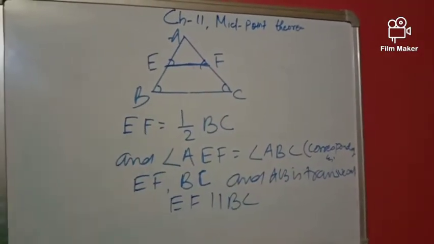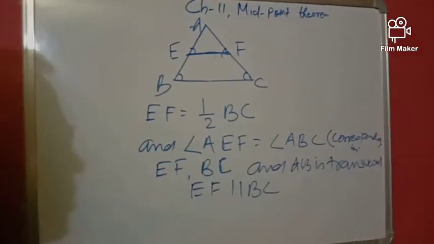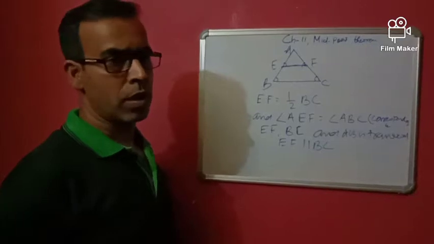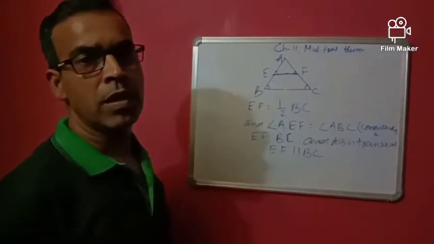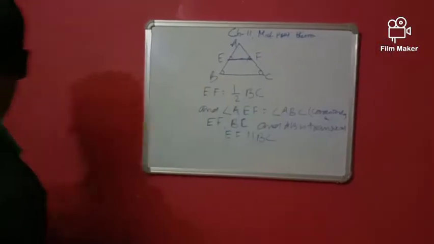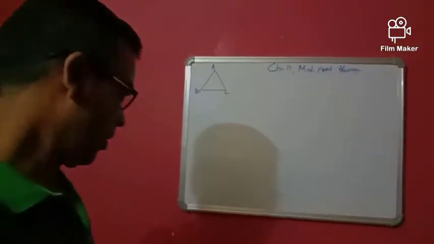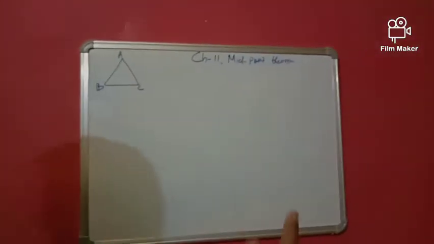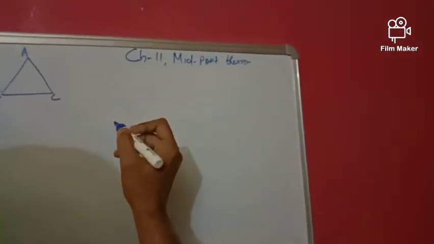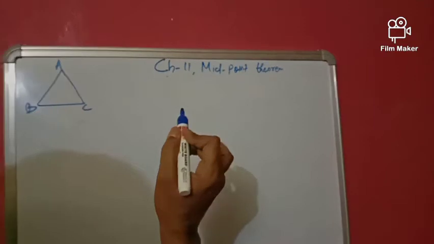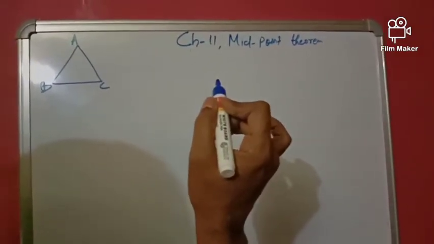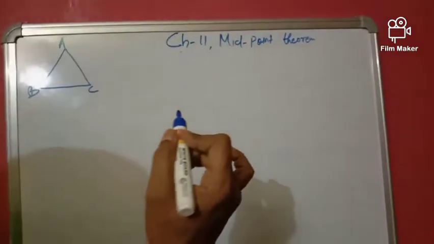Now, in this segment, I am going to discuss the midpoint theorem, the converse of the midpoint theorem, and theorems on intercepts. The midpoint theorem means the line segment joining the midpoints of any two sides of a triangle is parallel to the third side and is equal to half of it.